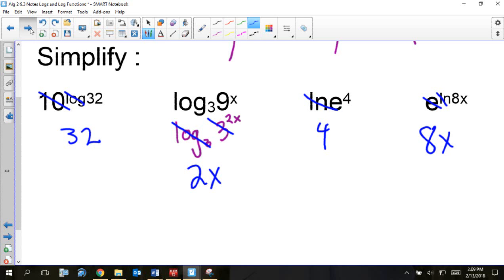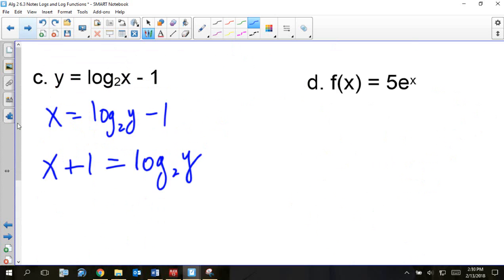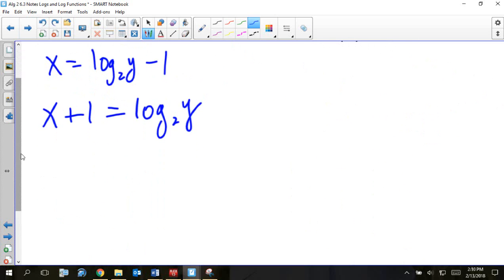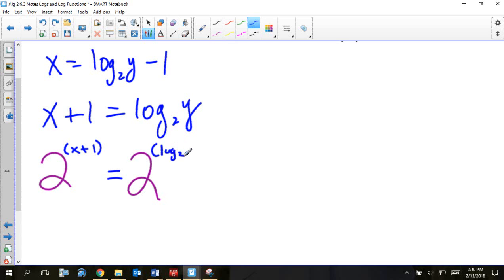So what we're going to do for this one is we're going to take both sides and make these sides exponents. And I'm going to put 2 as their base. So I'm going to put 2 to the x plus 1 equals 2 to the log base 2 of 1. So I'm just putting a base of 2 on both sides, raising both sides as the exponents.